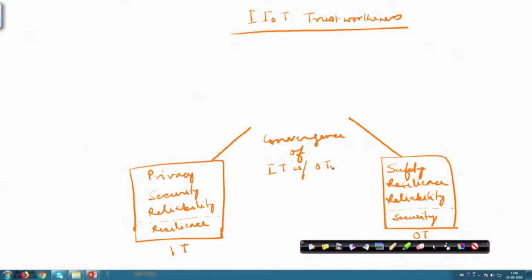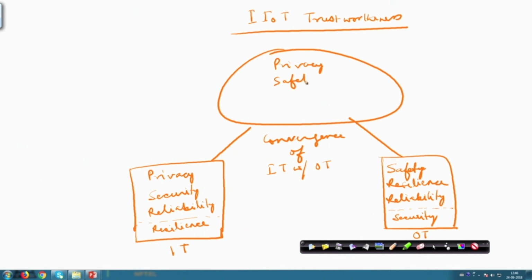So, for this, basically we need to come up with an integrated set of requirements which will consider privacy, which will consider safety, which will consider security, which will consider reliability and resilience, everything together. Okay.